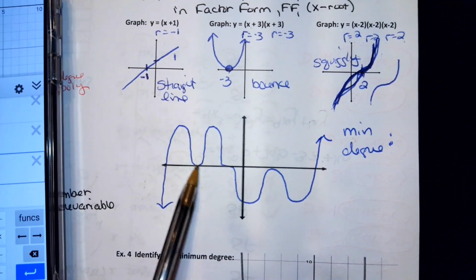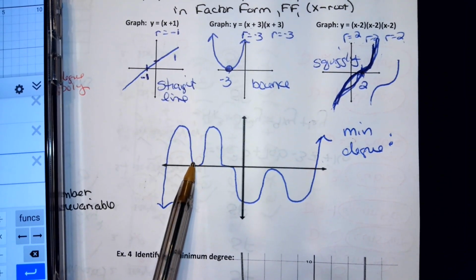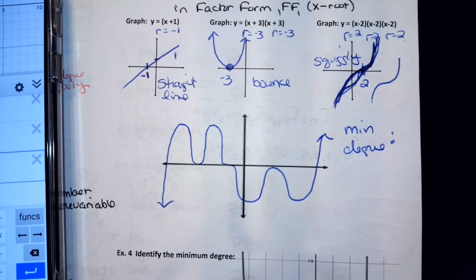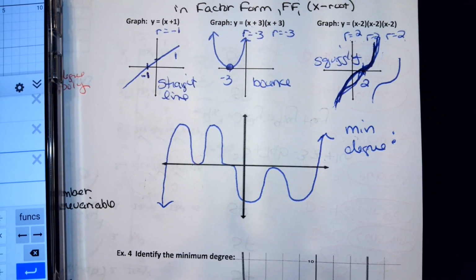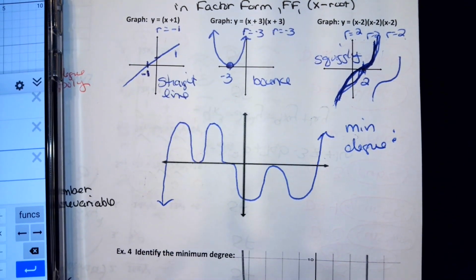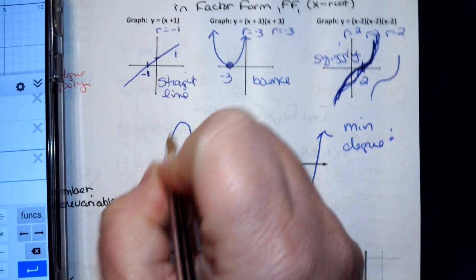And they call it a minimum degree because, like right here, this is a bounce. That bounce could be an exponent of 2, it could be an exponent of 4, it could be an exponent of 6, it could be an exponent of any even number, but the smallest number that we can have for an exponent and get a bounce is a 2. So right here, this is a straight through. It goes straight through.